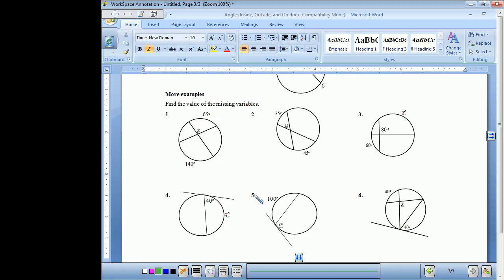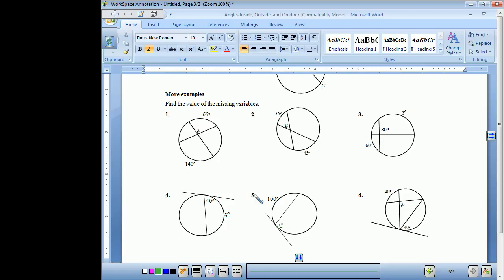Okay. Good. All right, let's see. This angle right here is half of this. So if they give the angle, instead of half, that would just go backwards. So double 40, this is 80.